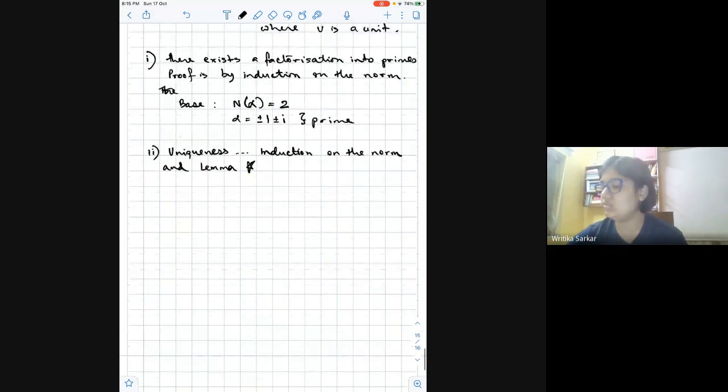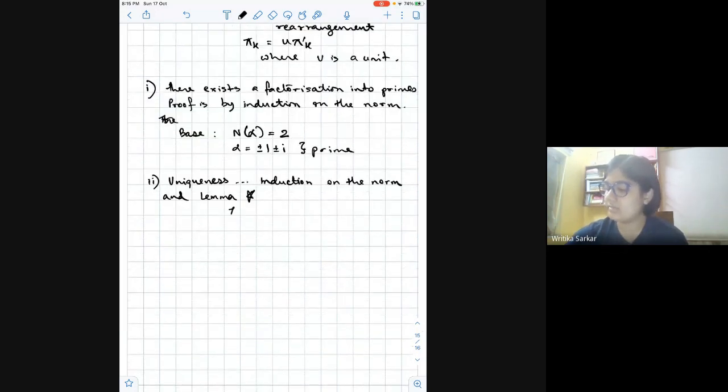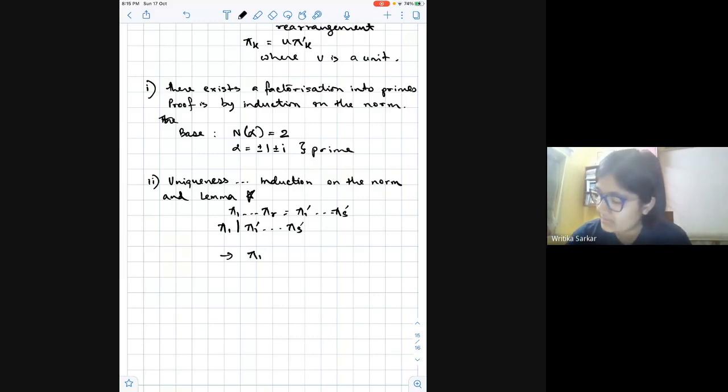And how you would do that is, if you have pi 1 times ... pi r is equal to pi 1 dash times ... pi s dash, since the pi's and pi dashes are all primes, and you know that pi 1 divides pi 1 dash ... pi s dash, you'll get that pi 1 divides some of the pi dash primes, so you can assume that pi 1 divides pi 1 dash, right?